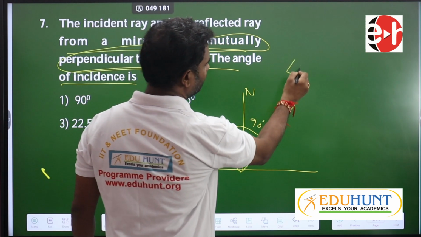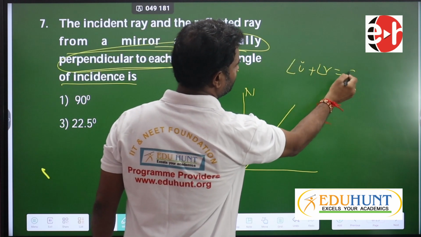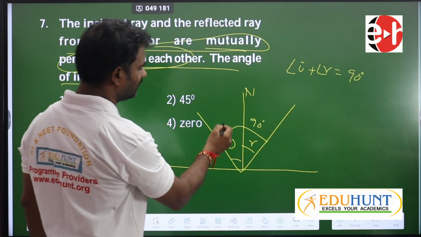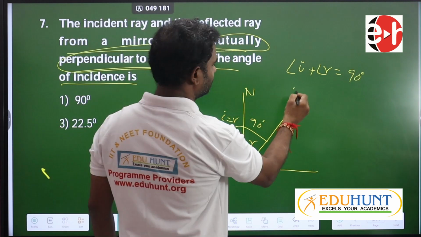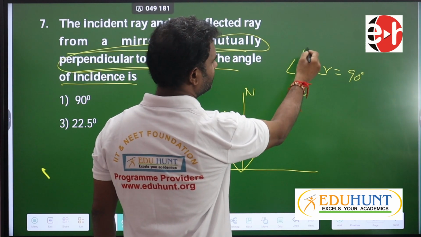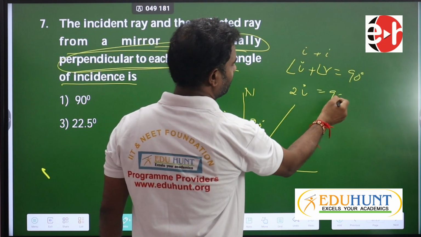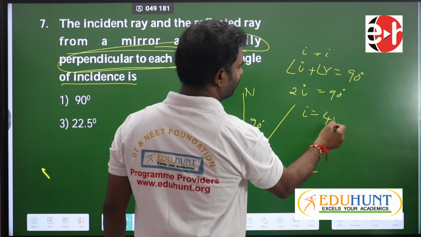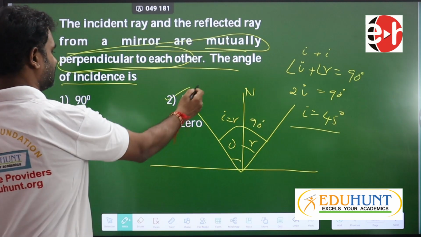Means angle I plus angle R is equal to how much? 90 degrees. As you know angle I is equal to angle R, this is I plus I, 2I is equal to 90 degrees. So I is how much? 45 degrees. This is our answer.